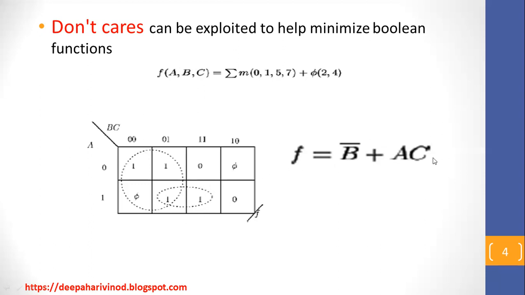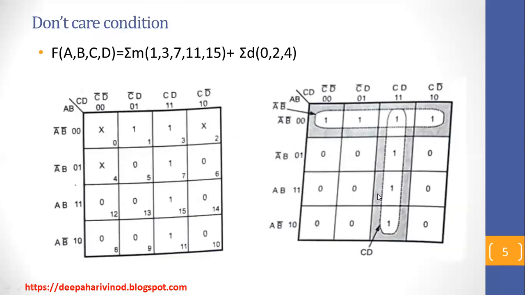So this will be the minimized Boolean equation for the given function, f equal to B bar plus AC. B bar is the equation for this group of 4 ones, and in the same way, for this it will be having A as well as C. See, in this row it is common for 2 ones, A is common, and column wise it is C. Hope you are following this.